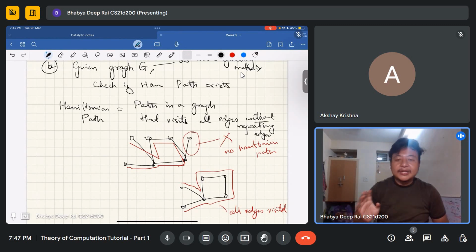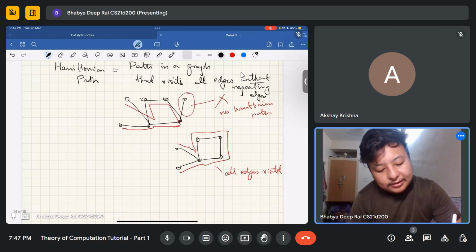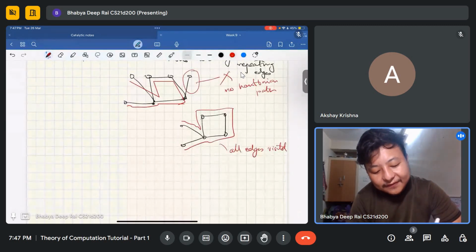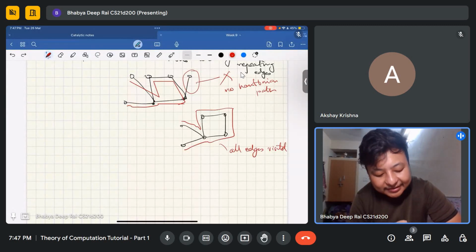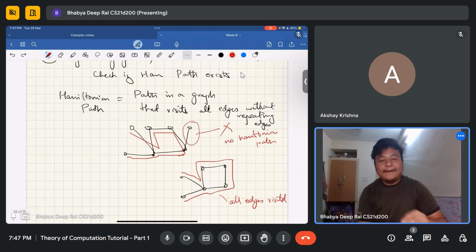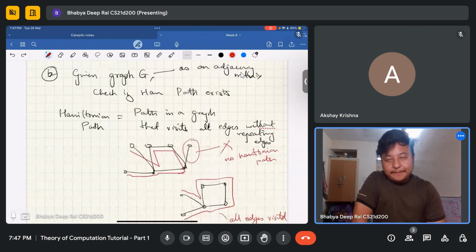I must not repeat edges. That is the rule. Otherwise I could have just repeated this guy, and then come back here. It does not make sense to repeat edges. So all edges visited.